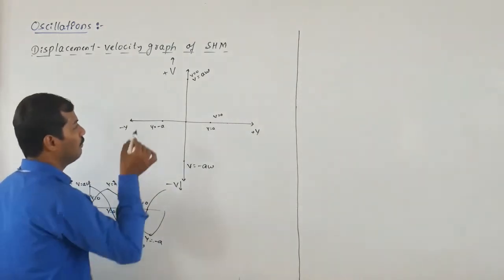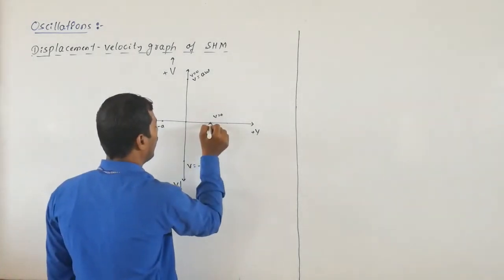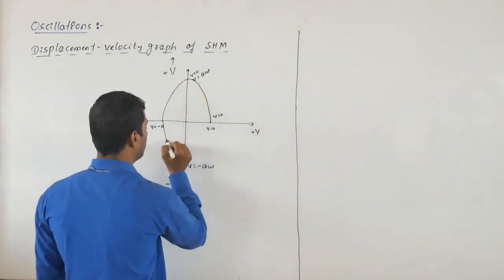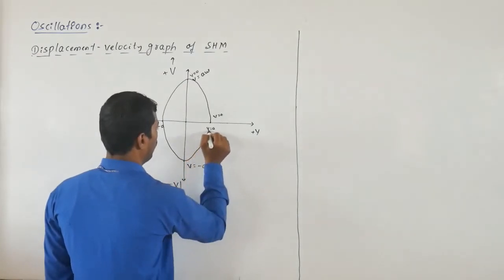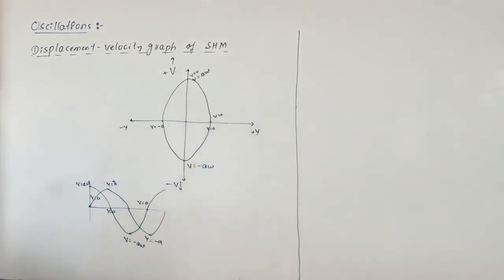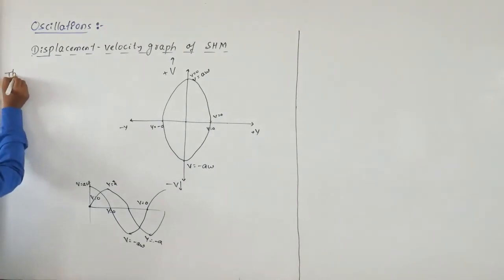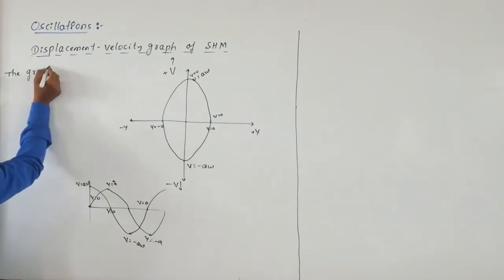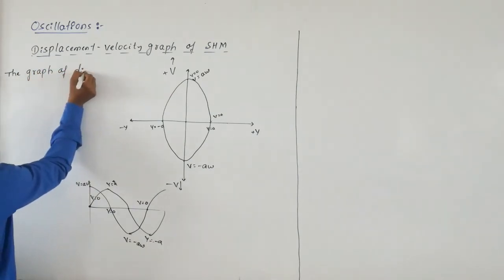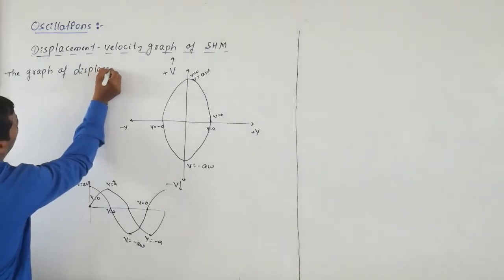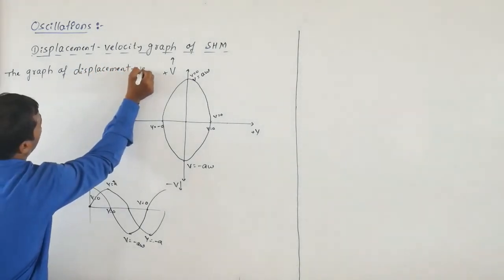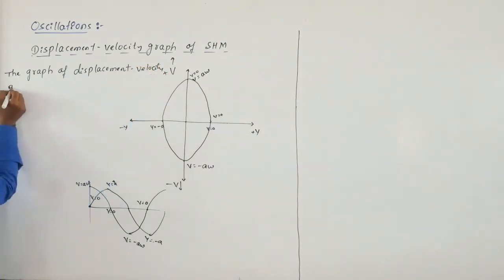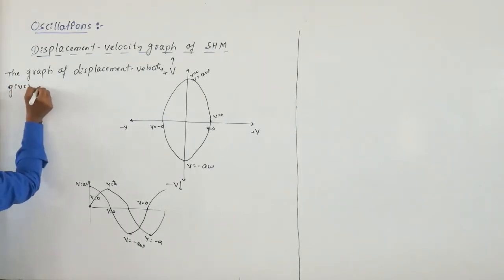If you join all these lines like this, this is the shape of the ellipse. It is an ellipse. It is nothing but the graph of displacement and velocity, which gives an ellipse.